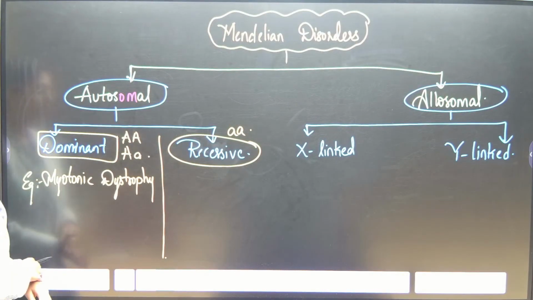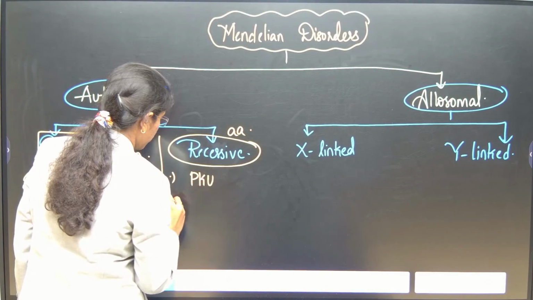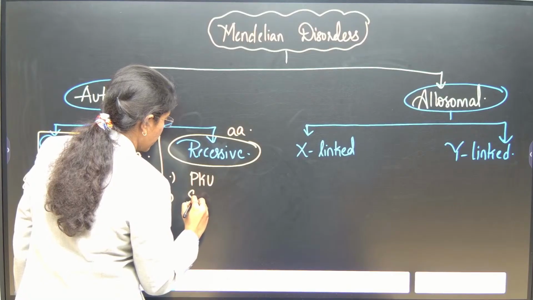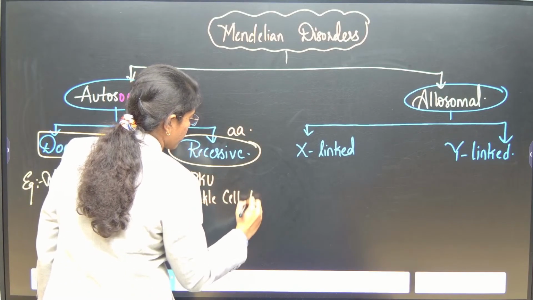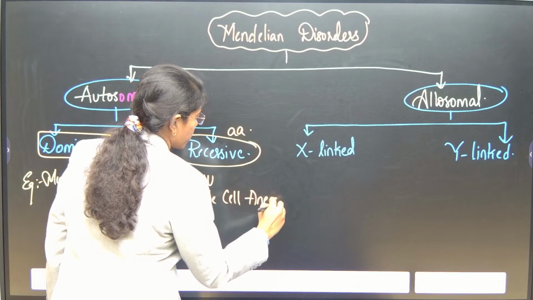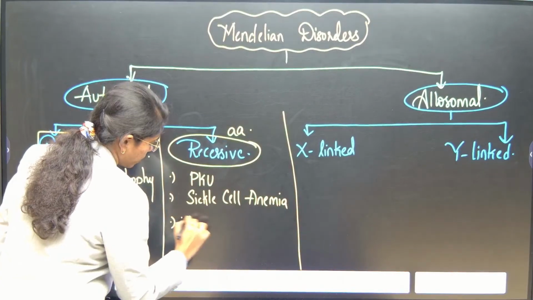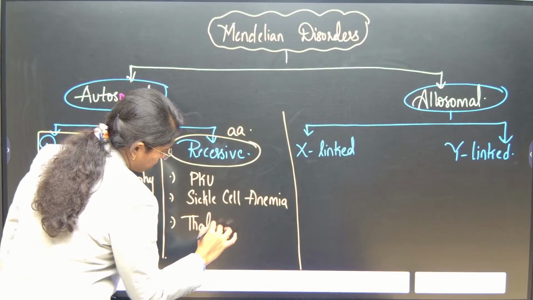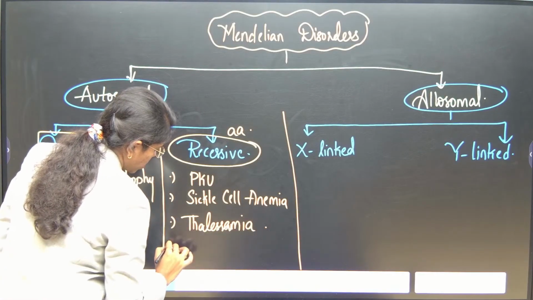If you see, we have phenylketonuria, sickle cell anemia, thalassemia, cystic fibrosis.